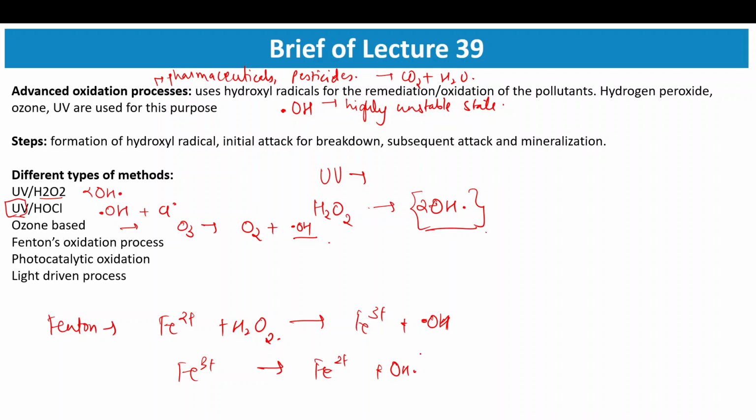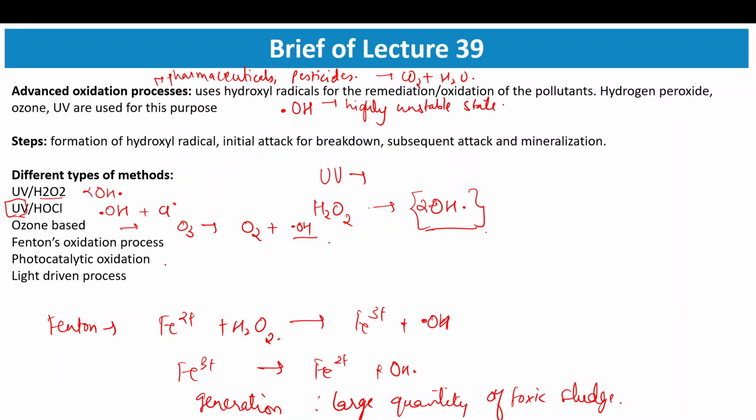One of the most common drawbacks of Fenton treatment is the generation of a large quantity of toxic sludge. This toxic sludge can be iron sludge or any suspended solids which are formed during the process, so that toxic sludge needs to be taken care of. This is the Fenton process, and even this can be further enhanced if you use UV here.